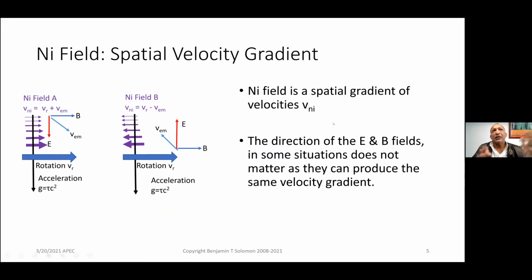Okay, spatial gradient. As I said earlier, we are looking at the direction of the increasing velocities that gives us the acceleration. But what can lead us astray is that changing the direction of the E field or the B field to reverse the electromagnetic velocity, like in here, where I've changed the direction of the E field, does not necessarily change the gradient.